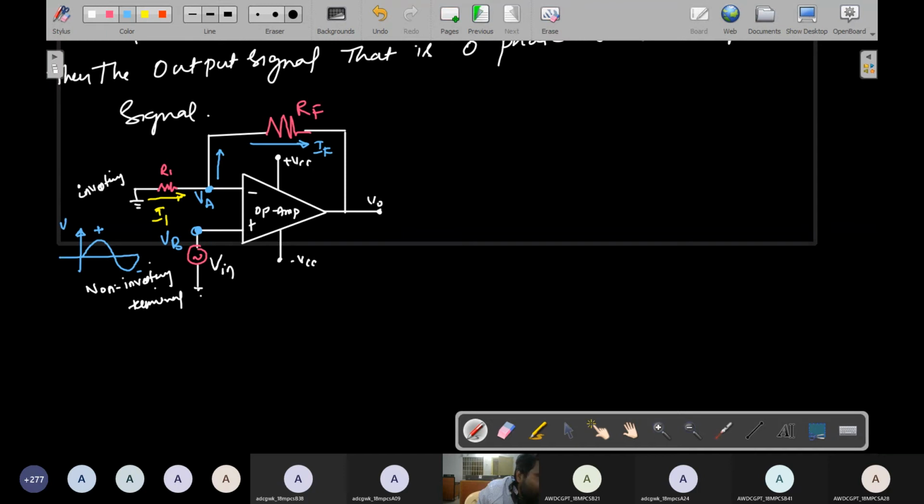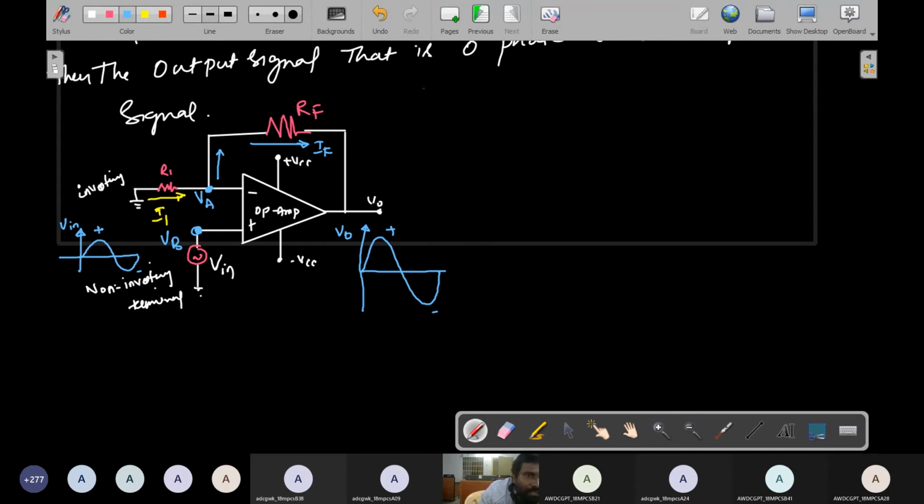This is my input signal VE. What I get at the output is the same signal, in the same direction, but amplified, maintaining almost 0 phase with the input signal. So this is our final diagram.